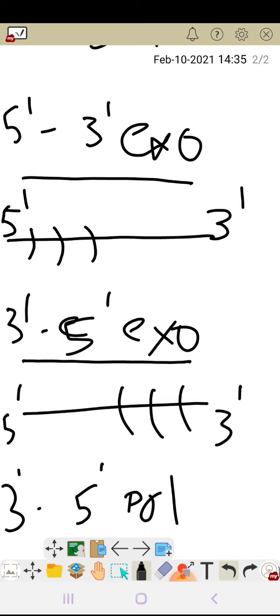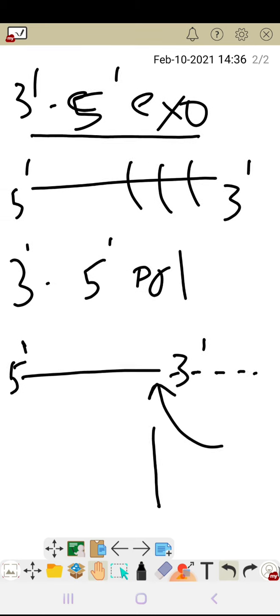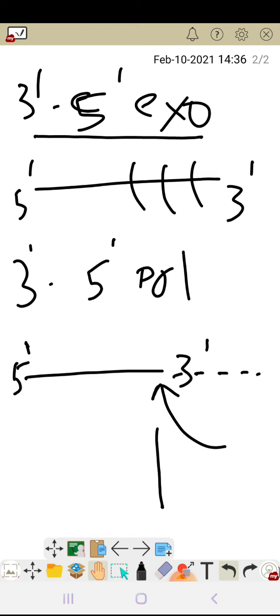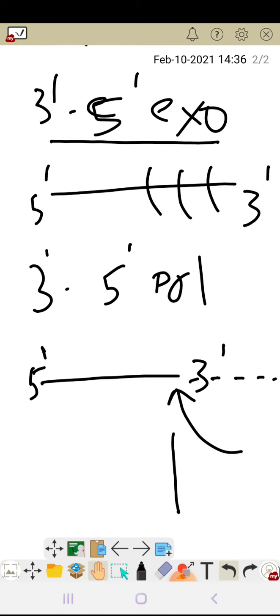Exonuclease means removal of nucleotides, and polymerase activity means addition of nucleotides. Third, 5' to 3' polymerase activity means addition of nucleotides in the 3' direction. So exonuclease means removal of nucleotides, and polymerase activity means addition of nucleotides. Okay, so fine.